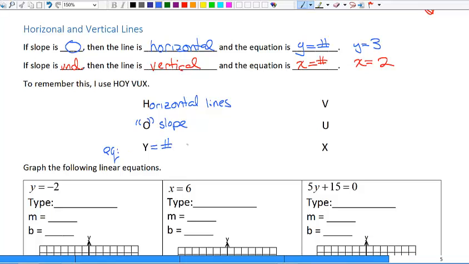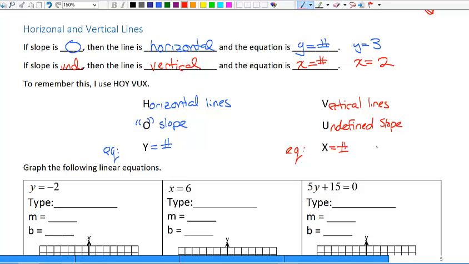So if I can remember Hoi, that reminds me horizontal, 0 slope, y equals a number for the equation. And Vux reminds me that vertical lines have undefined slope, and their equations look like x equals some number.